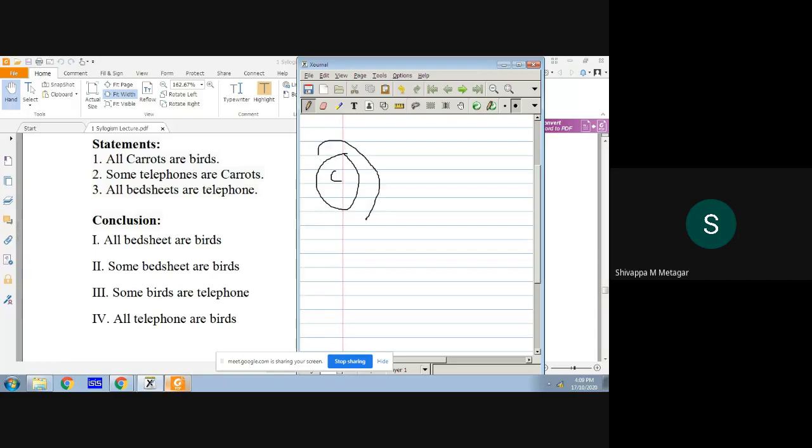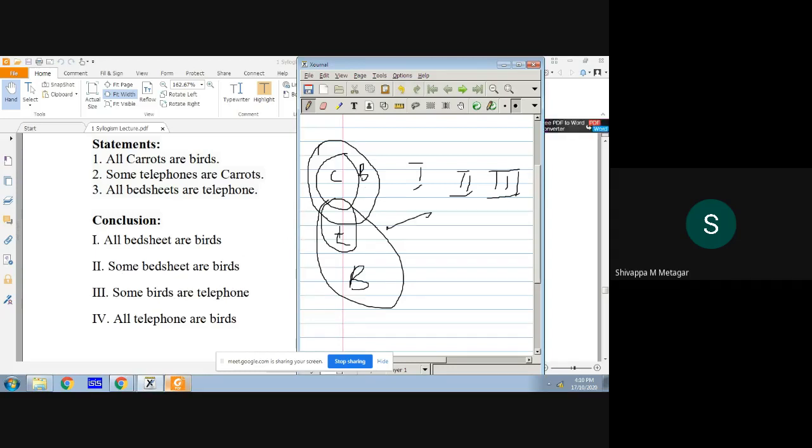Some telephones are carrots. All bed sheets are telephones. These are statement number 1, statement number 2, statement number 3.